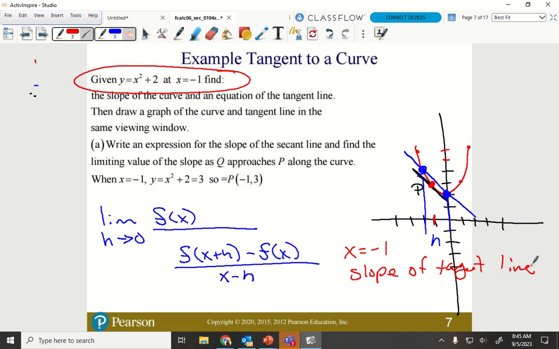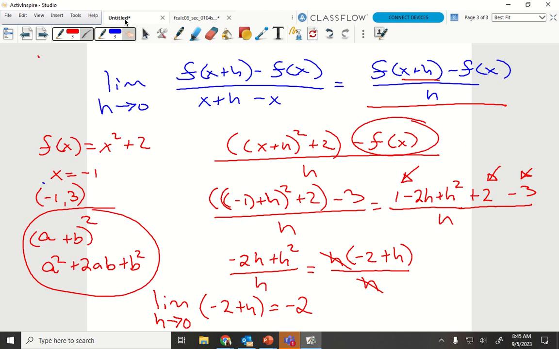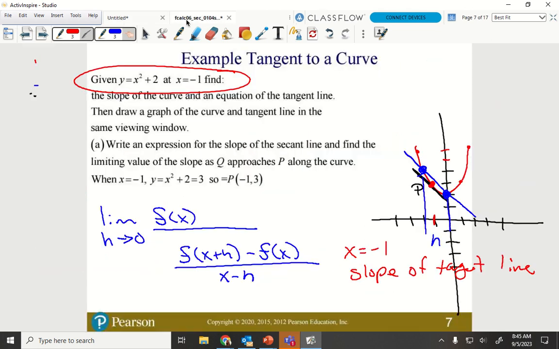The slope of the tangent line was what? What are we referring to? The slope of the tangent line was -2. That's with the tangent. Okay.